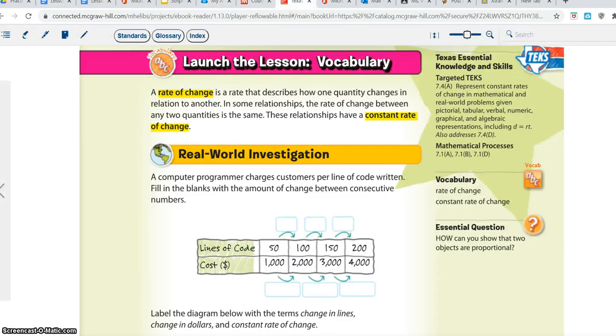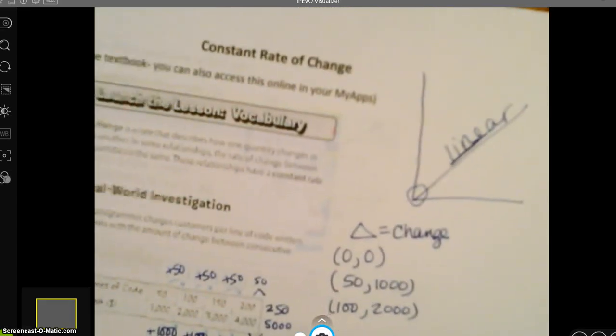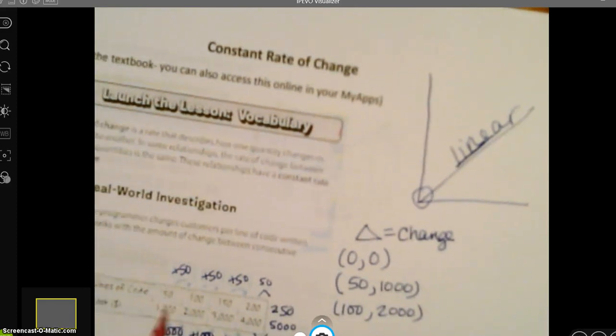Okay, so just as a reminder, we talked about something called a constant rate of change. That just has to do with how your points are changing, how your x values change, and how your y values change. And then we talked about delta y over delta x.